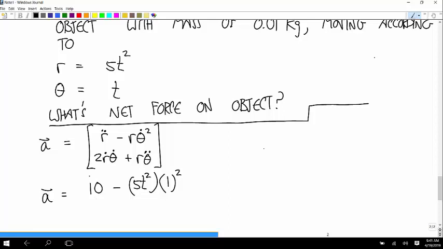And the second component, we have 2 times 10t times 1, plus 5t squared times the second time derivative of t, which is just 0.